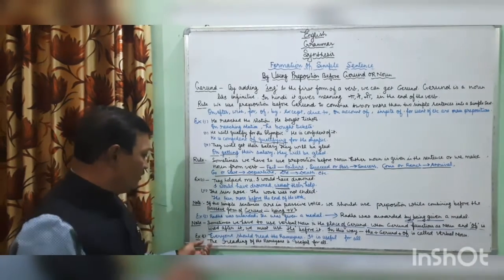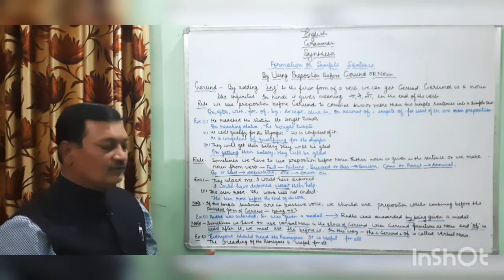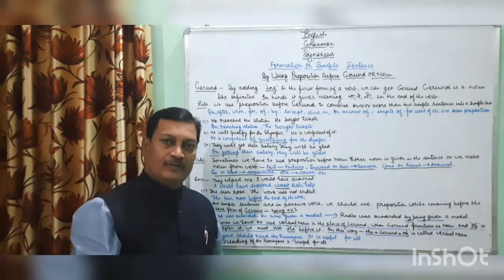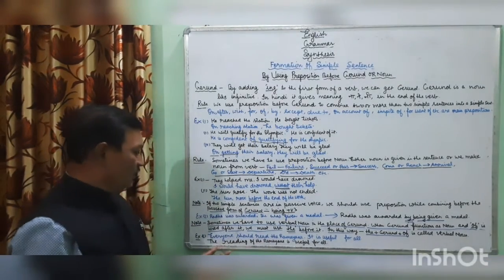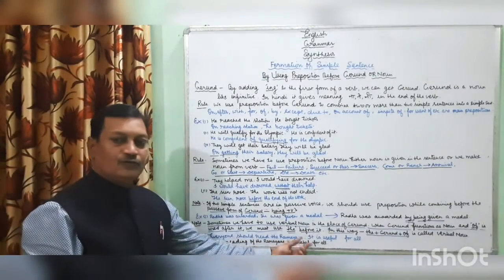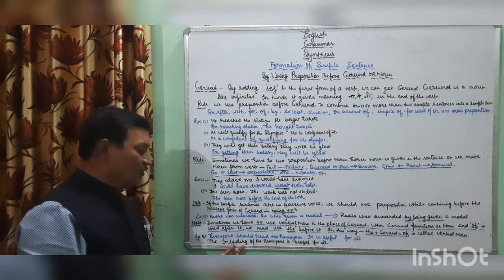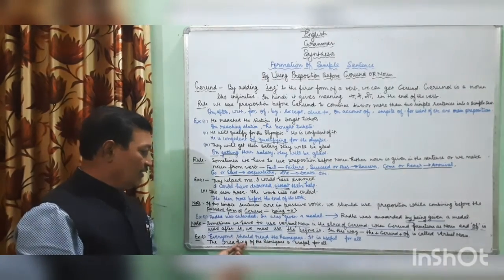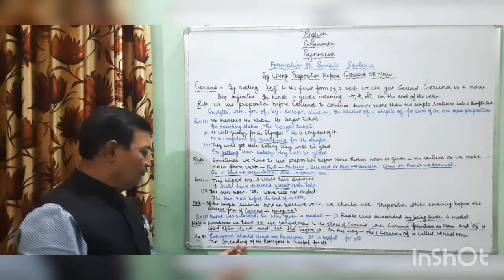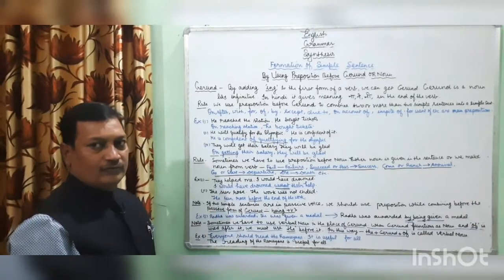Let's see example. Everyone should read the Ramayana. It is useful for all. Let's combine both the sentences. The reading of the Ramayana is useful for all. Students, you can see the has been used before reading. That is gerund. And after this gerund, of. So this, the reading of, is now verbal noun.